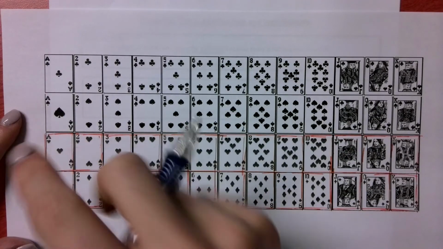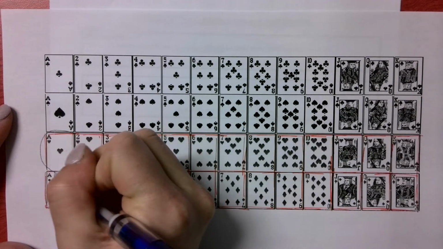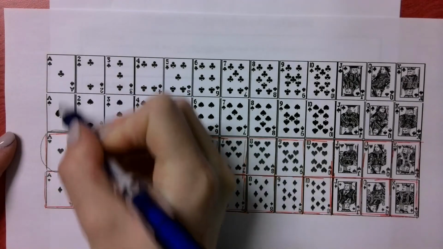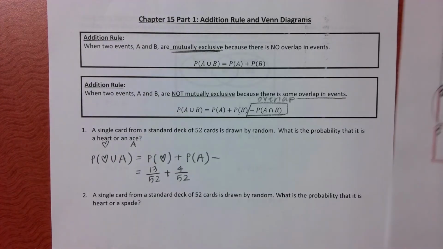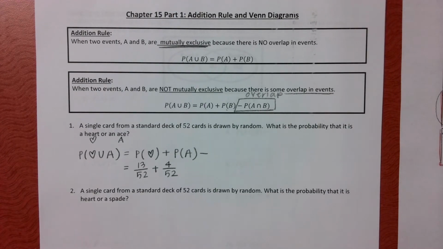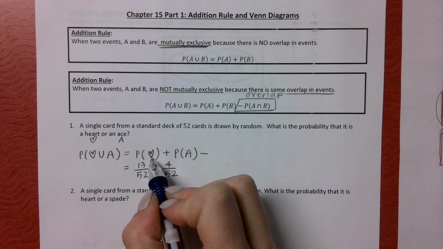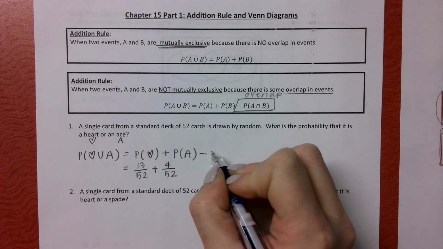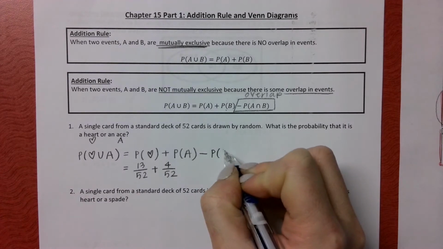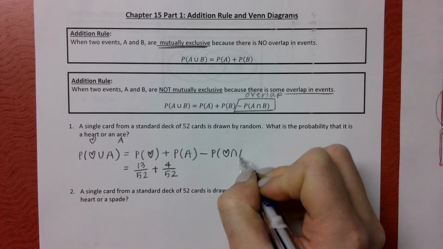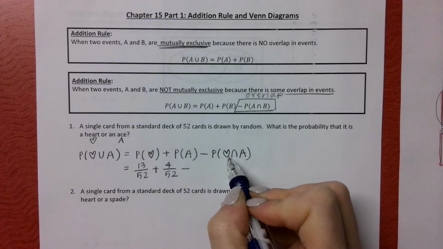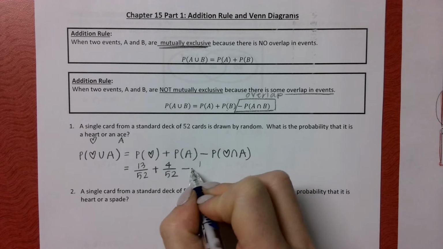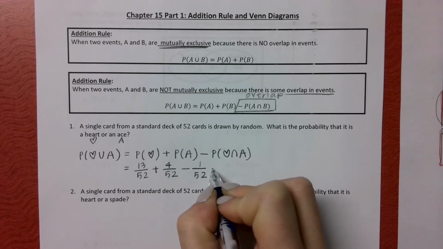And the reason for that is because this ace of hearts is counted in both the aces and in the hearts. So that's where that idea of subtraction comes from. Because it's possible to have a card that is both a heart and an ace, I have to subtract that overlap. There was only one card that was an ace and a heart, so I'll subtract 1 out of 52.